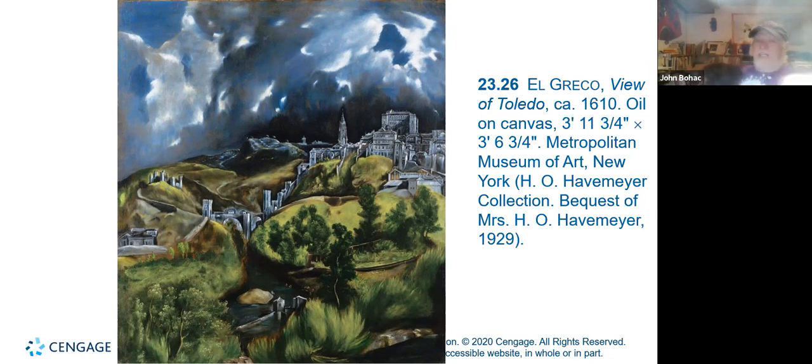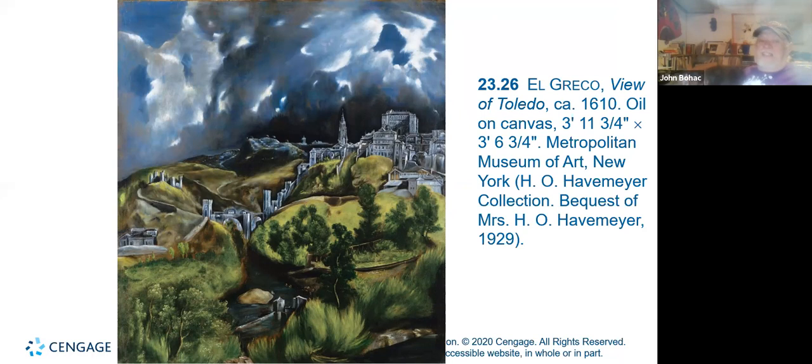And if you take a look at this landscape, you'll see there's really no central point in this. In fact, the center of it, you see right here, that's not really the focal point. And you see all kinds of activity basically in this circle. You see Toledo, not Ohio, Spain.